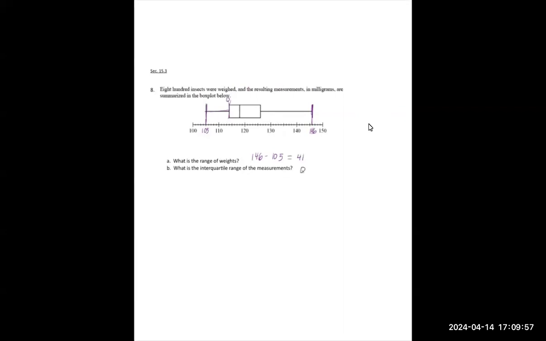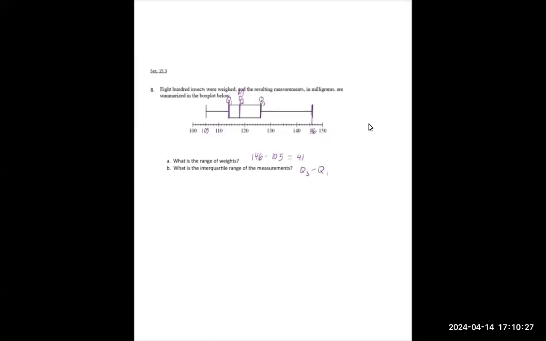All right, and then what is the interquartile range? That's Q3 minus Q1. And like I said, when I was introducing the box plot in 15.2, I mentioned that these three vertical lines inside this box are our Q1, our Q2, also called the median, with a big M, and our Q3.